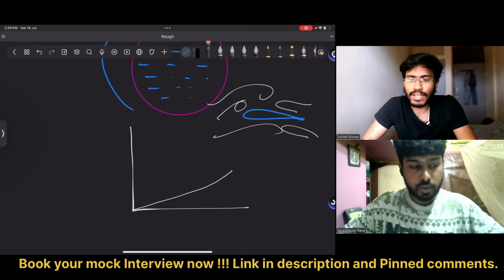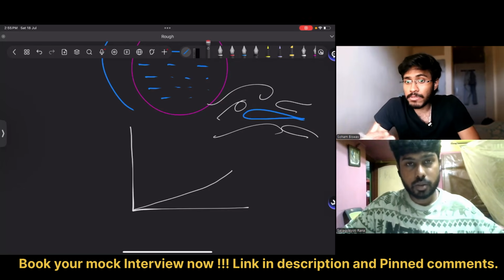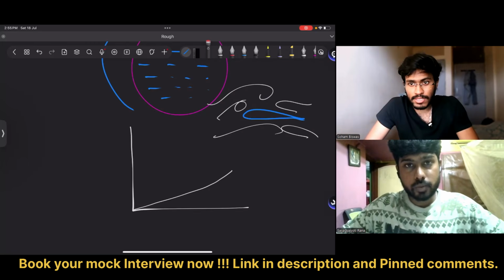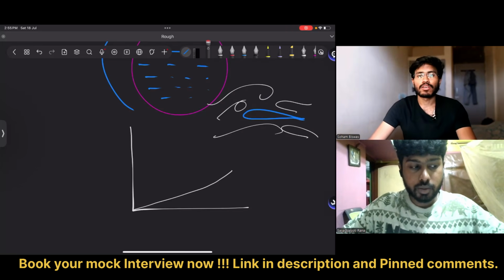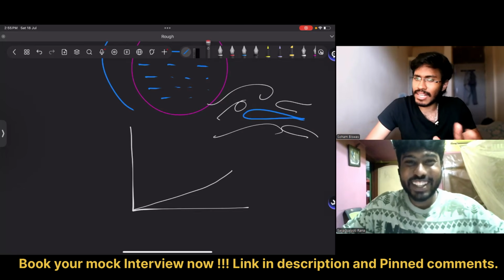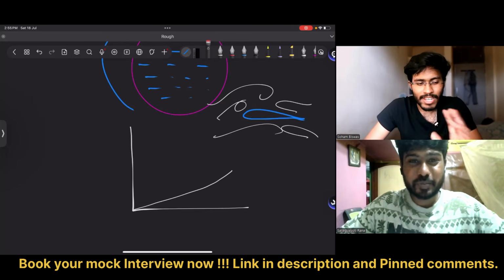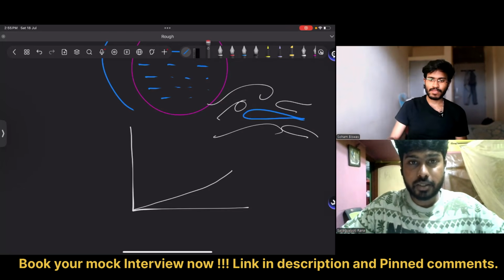By changing its phase, it will absorb that heat, but the temperature will not change because it is changing its phase. That is the beauty of phase change material. It will absorb the heat, but it will not change the temperature. Don't worry, phase change material is important, but if you could not answer it in the interview, it doesn't matter, because you have answered almost all the questions correctly. So don't worry.